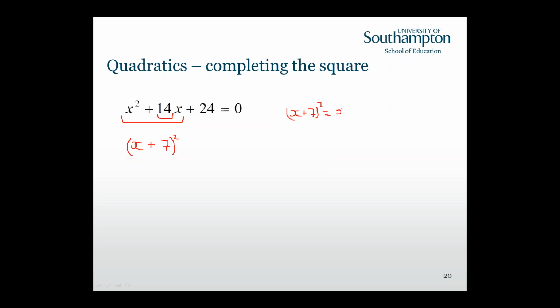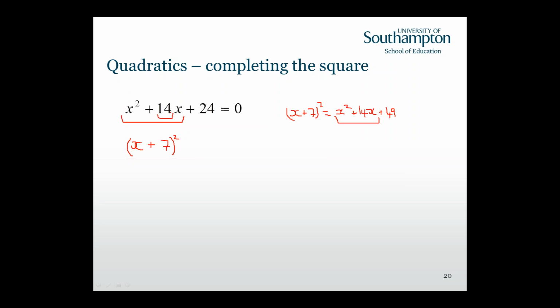So that's x squared plus 7x plus 7x is 14x, plus 7 times 7 is 49. So that's great. We have now got this bit in common with our original bit.